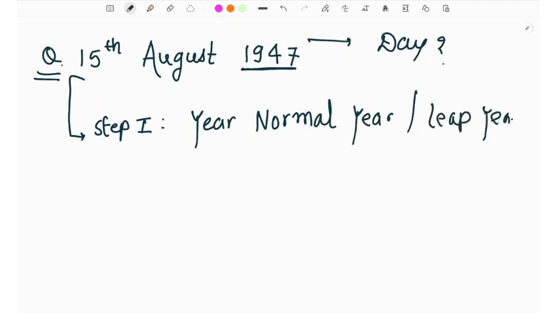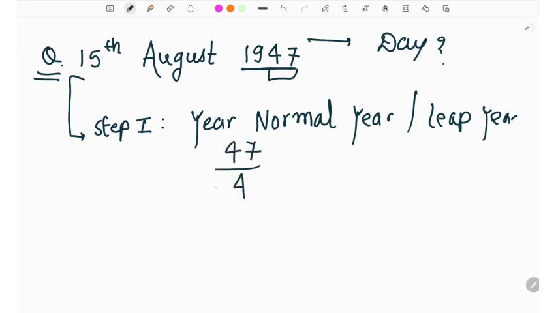Got it? Okay. To do this, I have already told you how to know whether a given year is a leap year or a normal year. We simply divide the last two digits of the given year by 4. So here 47 will be divided by 4.